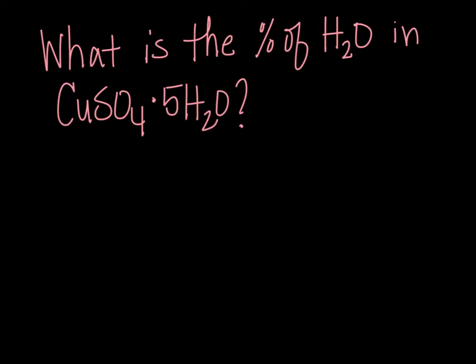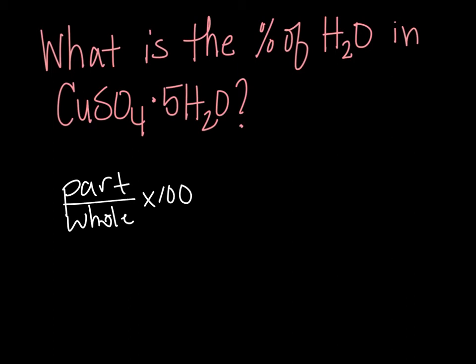Here's what a common question would look like for a hydrate. What is the percent of water in copper sulfate pentahydrate? This is the type of problem that you definitely need to make sure you know how to do for a test. So it's a percentage problem. Don't forget, any type of percent problem is part over whole, right? Part over whole, and then of course you multiply by 100 to get it into the percent form.